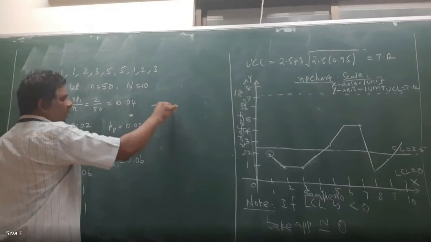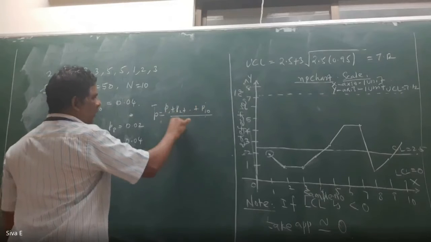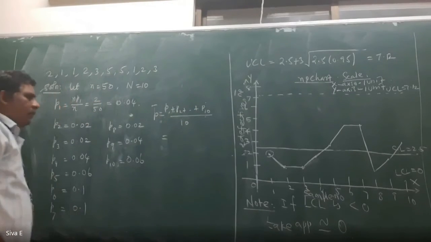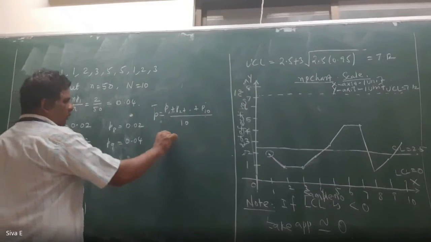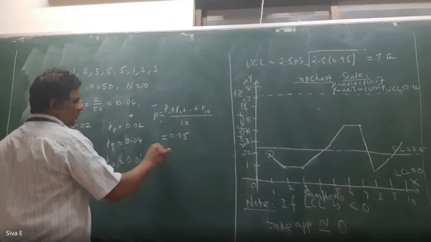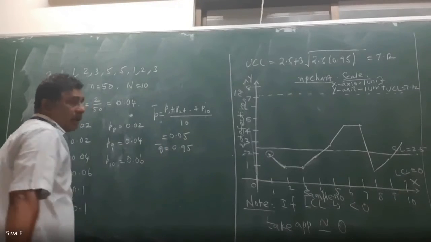So what is P bar here? P1 plus P2 up to P10 by 10. What is the value? 0.05. Q bar is 0.95. So 0.052, sir.